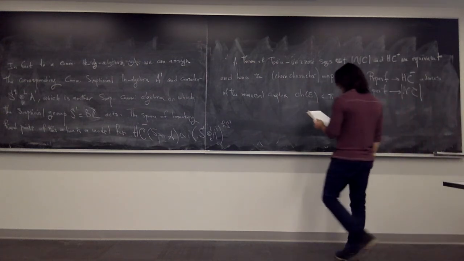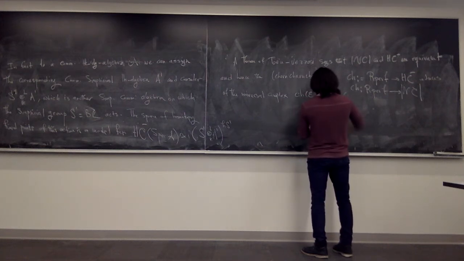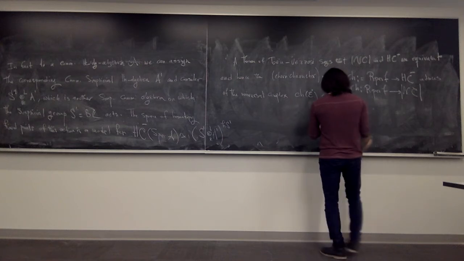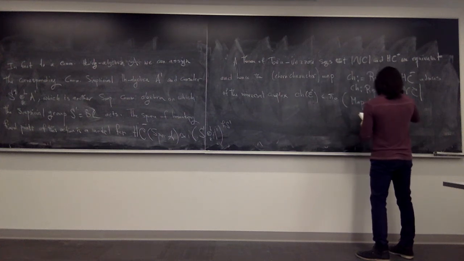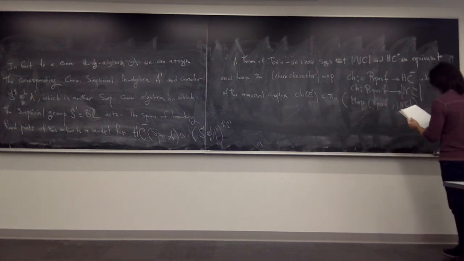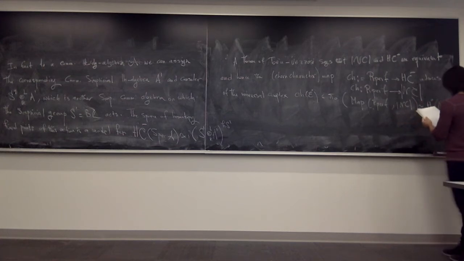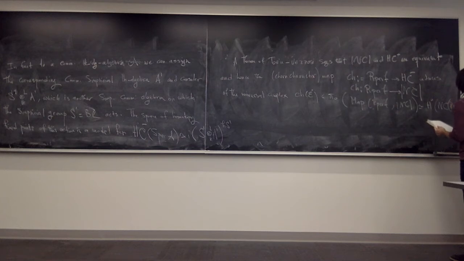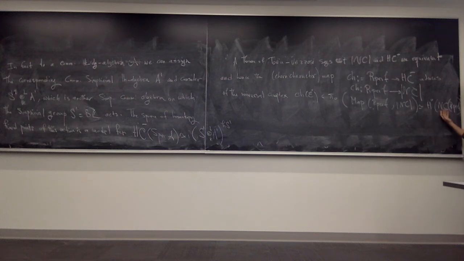That shows that the image of the universal complex is going to be in the component of the mapping space from R perf to NC, which is the same as H0 of the negative cyclic complex of the de Rham algebra of R perf.